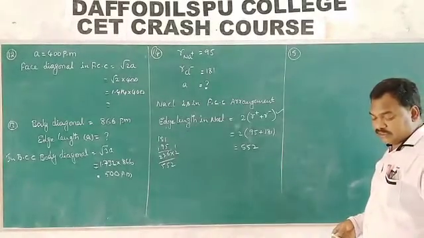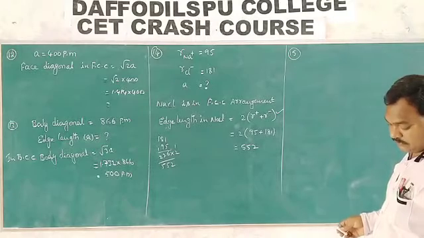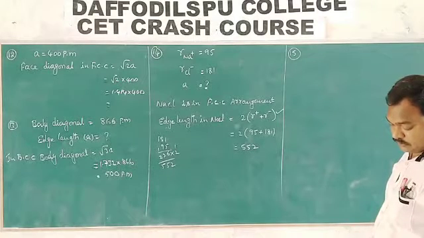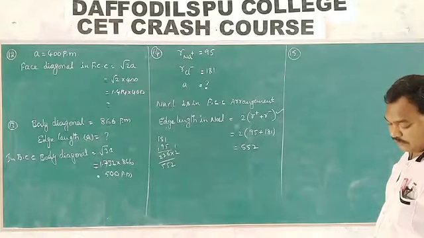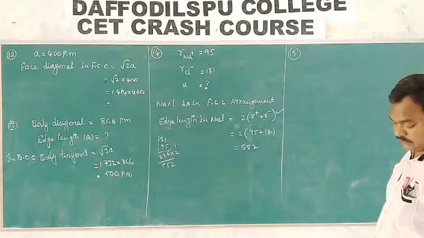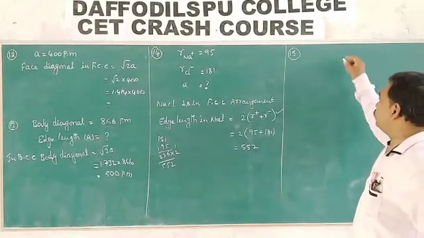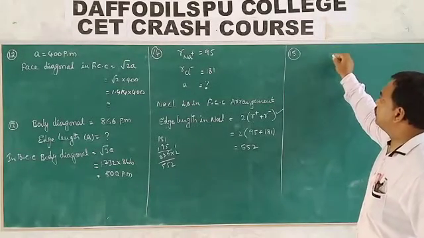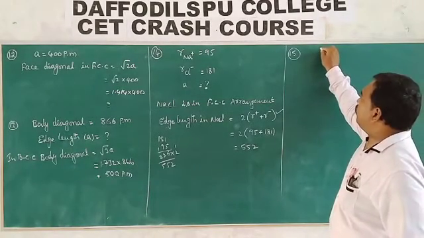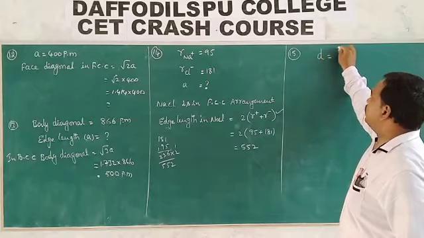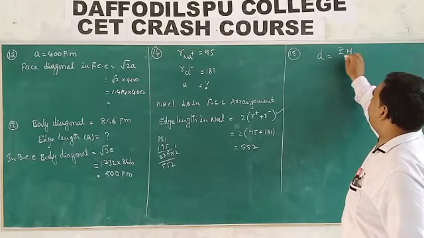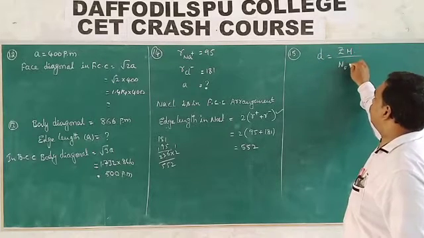So the metal crystallizes into cubic phases. Those two cubic phases are FCC and BCC. They are asking the ratio of densities. What is the formula for density? Density is equal to ZM by N0 a cube.